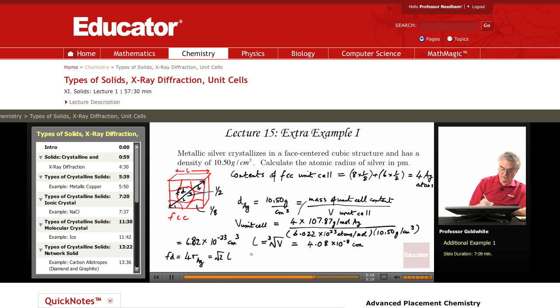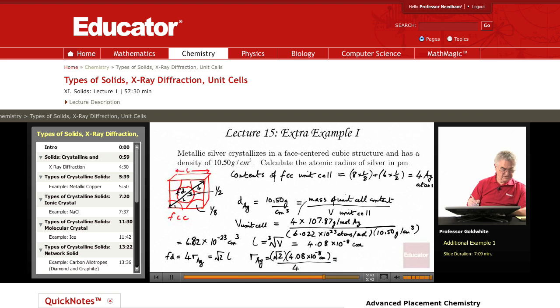Therefore, the radius of a silver atom equals root 2 times 4.08 times 10 to the negative 8 centimeters divided by 4.